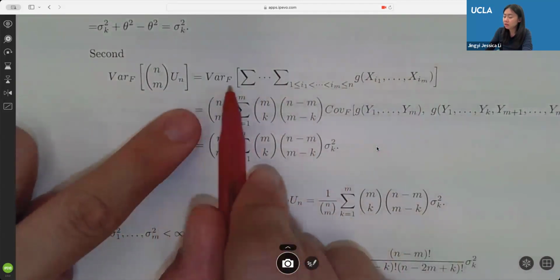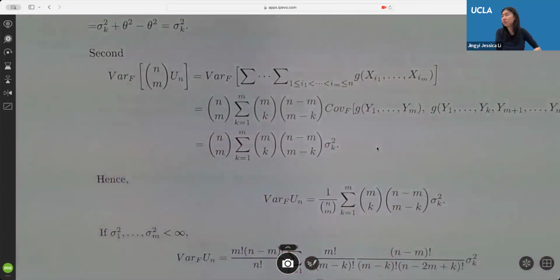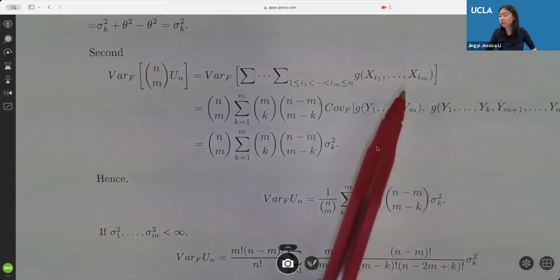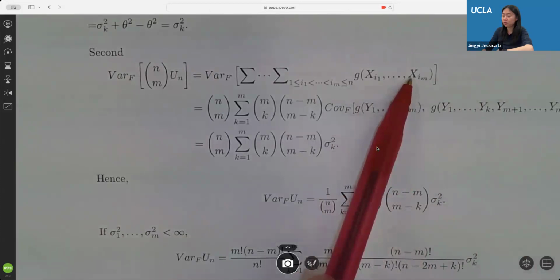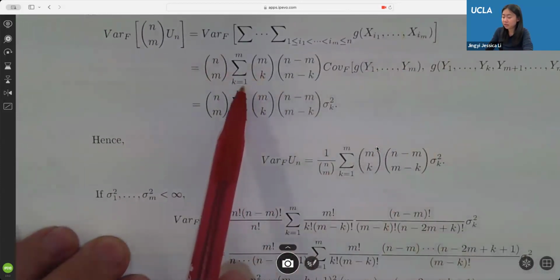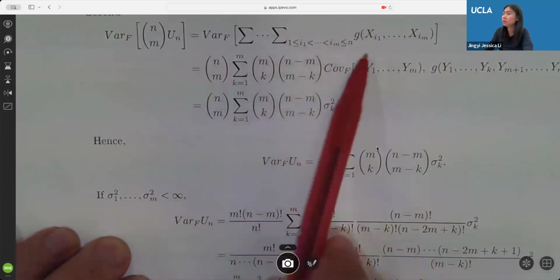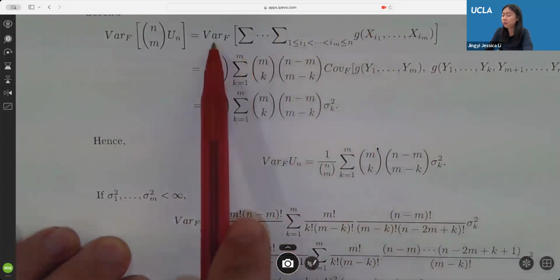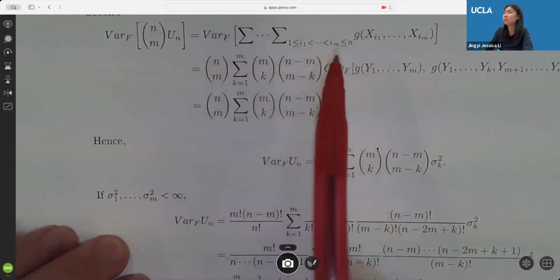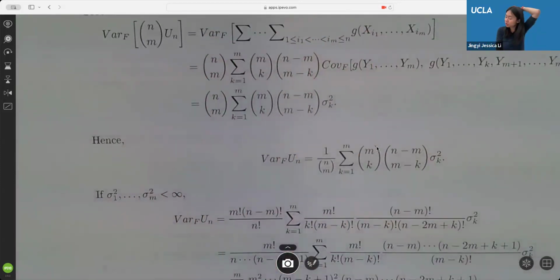But to derive this variance, the terms are not IID. In the sum, you don't have IID because they may share certain terms. So what we're doing here is considering all covariances of this sum, because when we open up the variance of a sum, we need to consider each term's variance and their covariances.